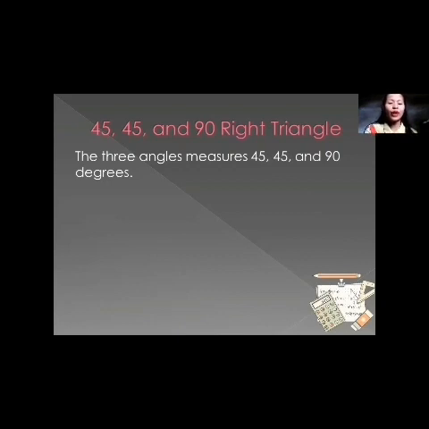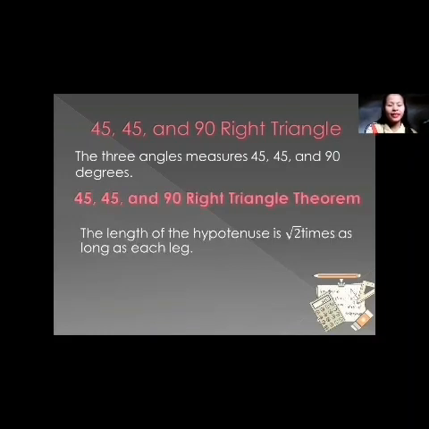The 45, 45, and 90 right triangle theorem states that the length of the hypotenuse is the square root of 2 times as long as each leg. Remember, class, that the two legs of this right triangle are the same.